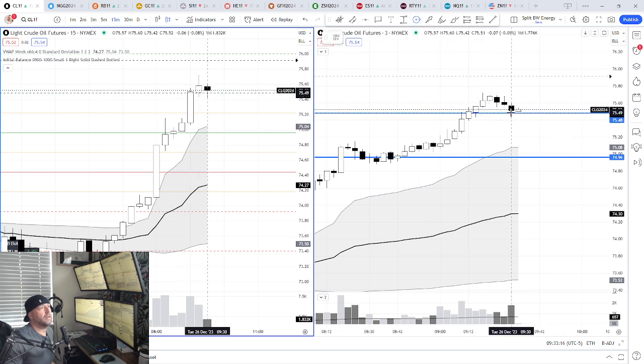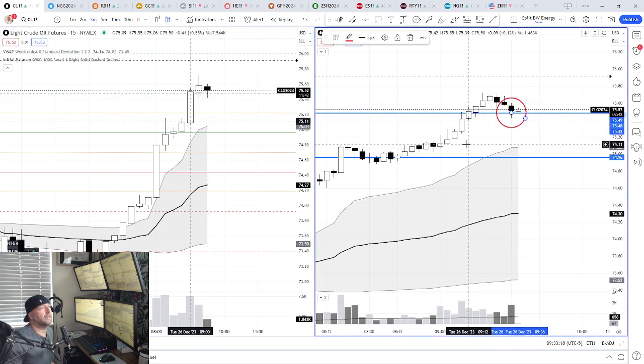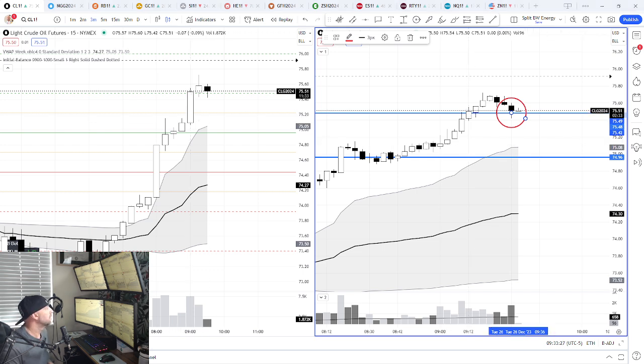So this is our area that we've been watching on oil. ES just had a coast to coast right after the open.